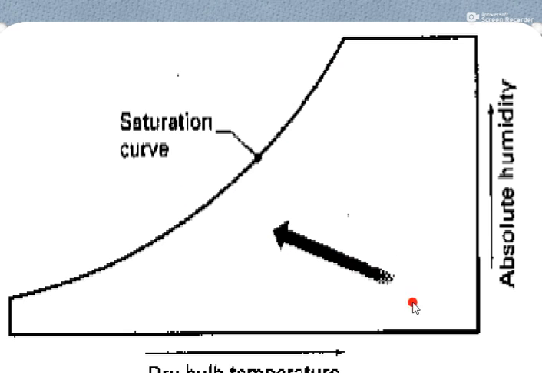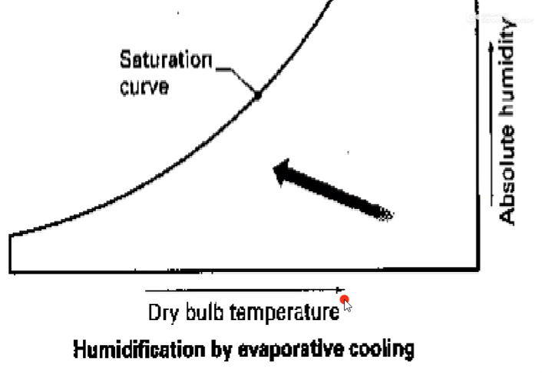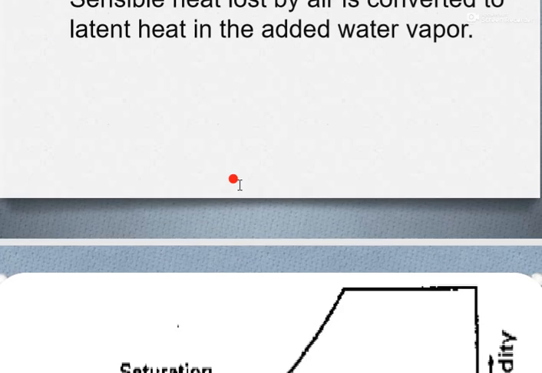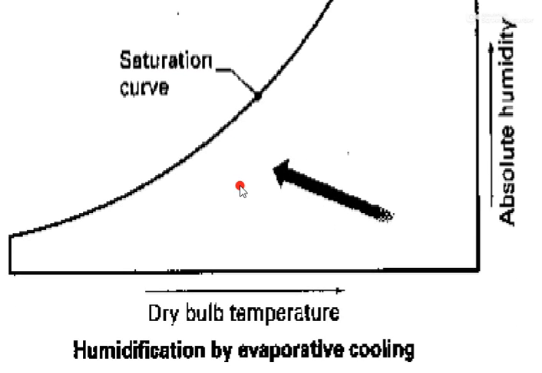This is the saturation curve, and on the y-axis absolute humidity is given. On the x-axis dry bulb temperature is given. So in evaporative cooling, we can see the arrow will be shown in this direction. Since it is a cooling process, at this point your dry bulb temperature is T1, and at this point your dry bulb temperature is T2.